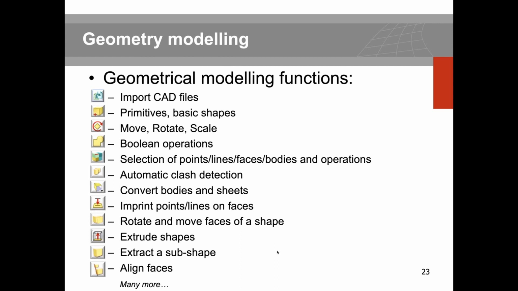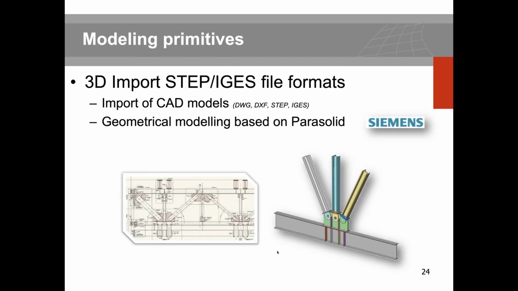In terms of geometry modeling, we have many options to create the geometry of your model, as you can see on this slide. You can either import your geometry from a third-party CAD program or generate your model from your integrated environment.